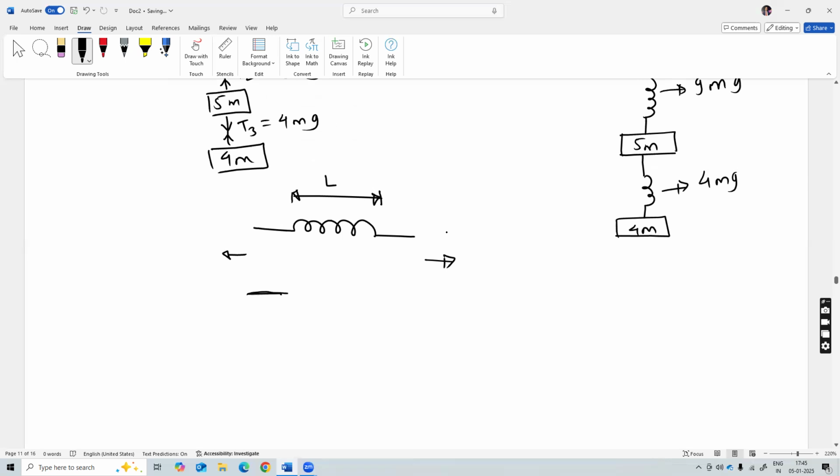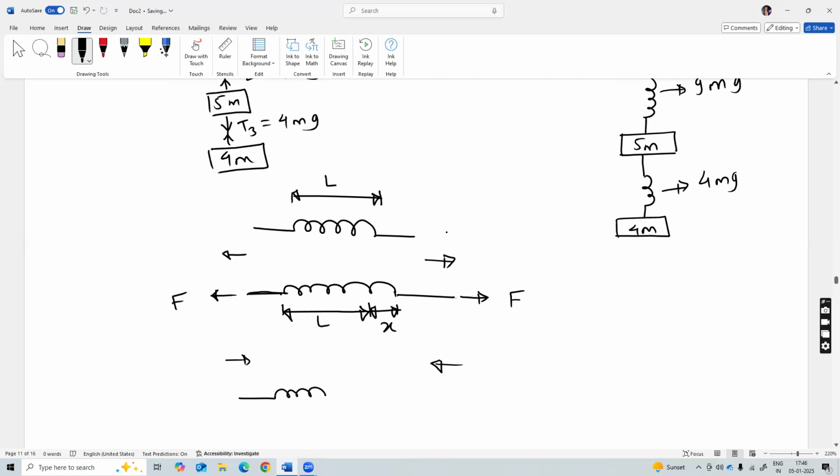Let's say you have applied force F. So now its length has increased. Let's say this was its earlier length L, and now its length is L plus X. X is basically the change in length. And in a similar manner, if you compress this spring, its length will decrease.